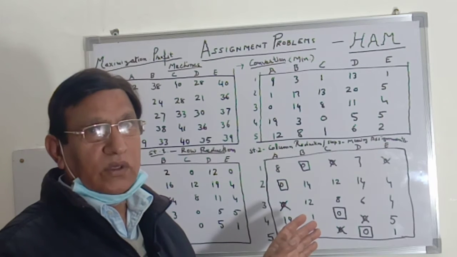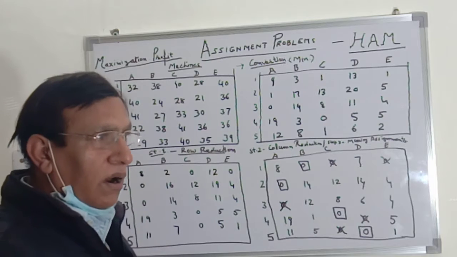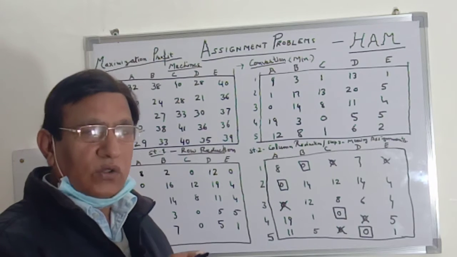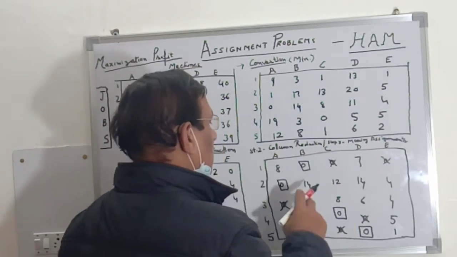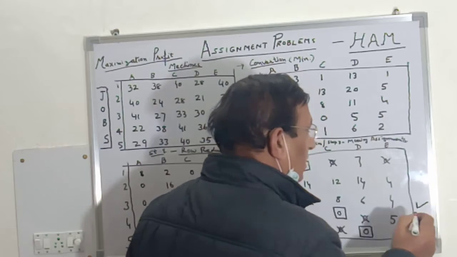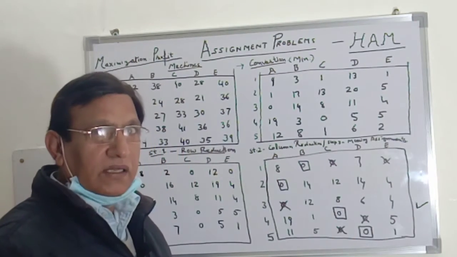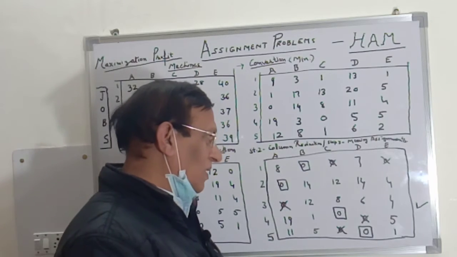Find the row in which there is no assignment, or you can say mark that row in which there is no assignment. First row assignment is there, second row assignment is there, third row no assignment. So mark that row.